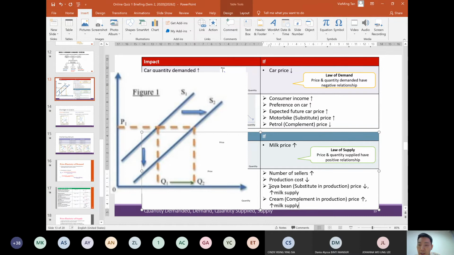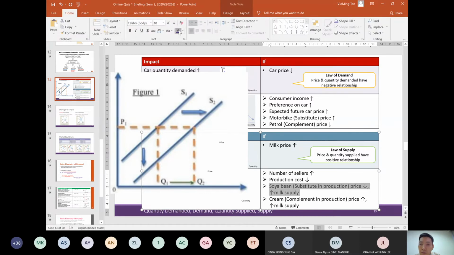You may find that actually the substitute in production price and the milk supply have a negative relationship. However, the complement price and the milk supply have a positive relationship. So these are the things that you need to know for the second part of chapter 3.